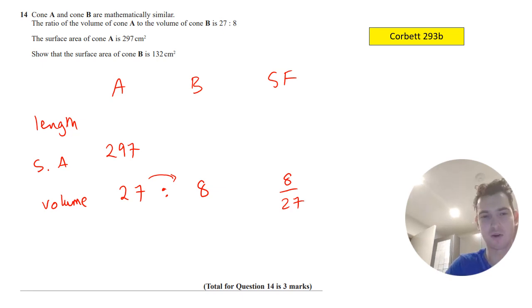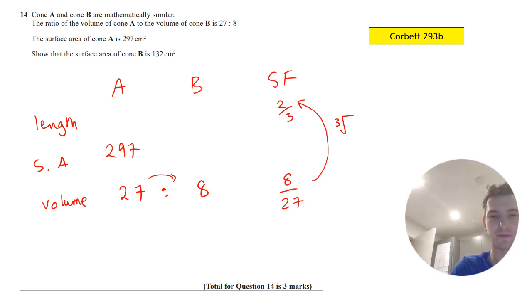Okay, so I need my scale factor for surface area, but first, do you remember that I need to go back by cube rooting it to find my length scale factor? So the cube root of 8/27 is 2/3. And now, how do I get my surface area scale factor? I'm going to square that.